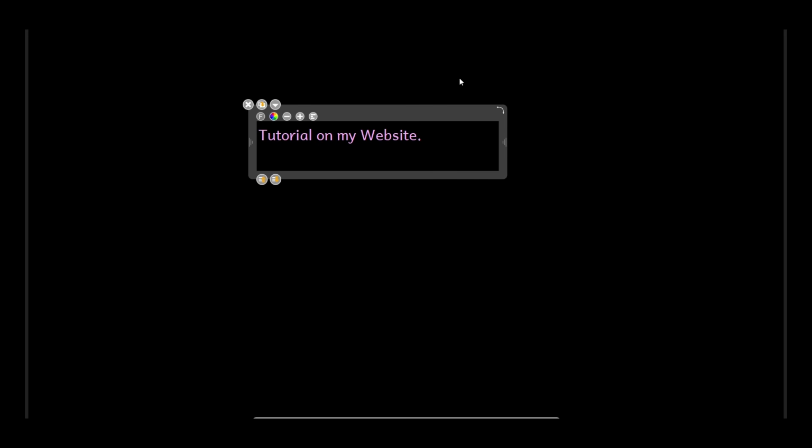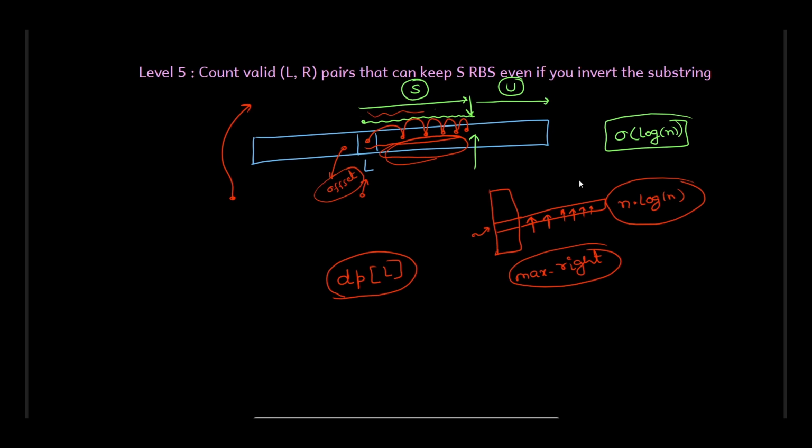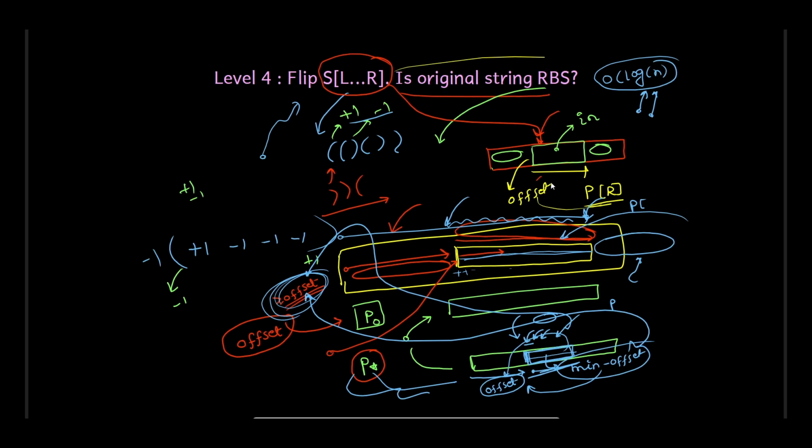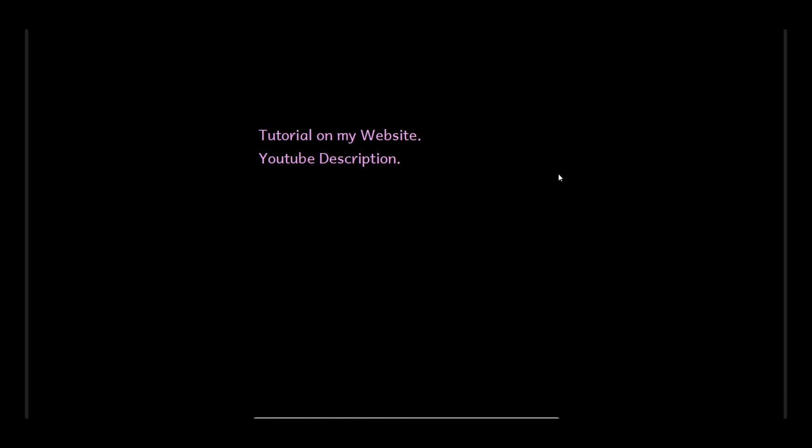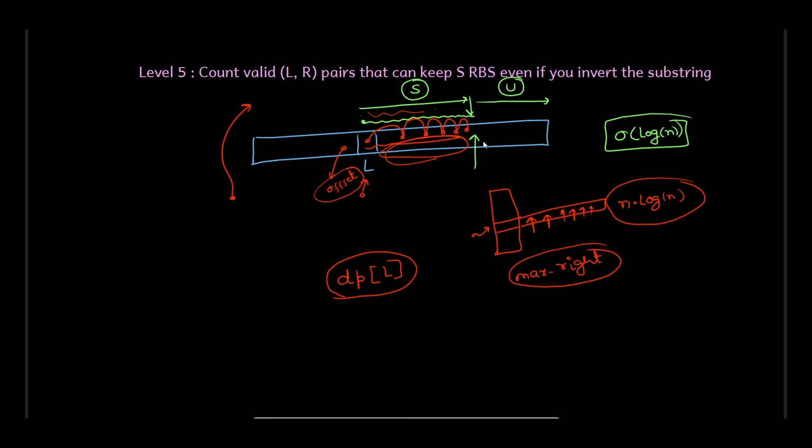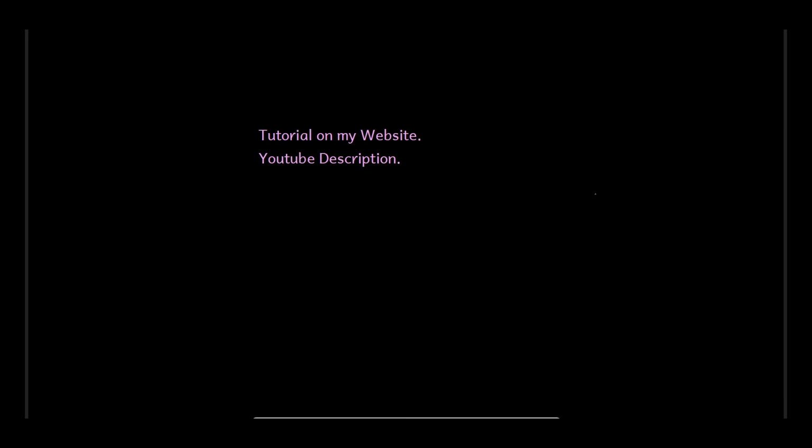I will link it in the YouTube description. In that tutorial, you can find the concrete code for the max write thing like binary search inside binary search, and the actual code that does the computation of this safe index, storing it in map, upper bound and lower bound, and so on.